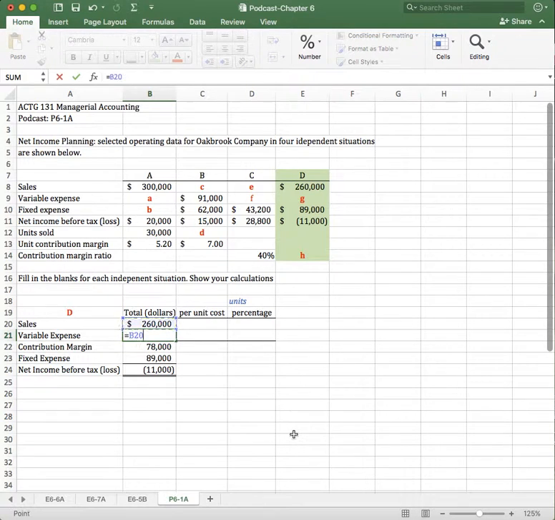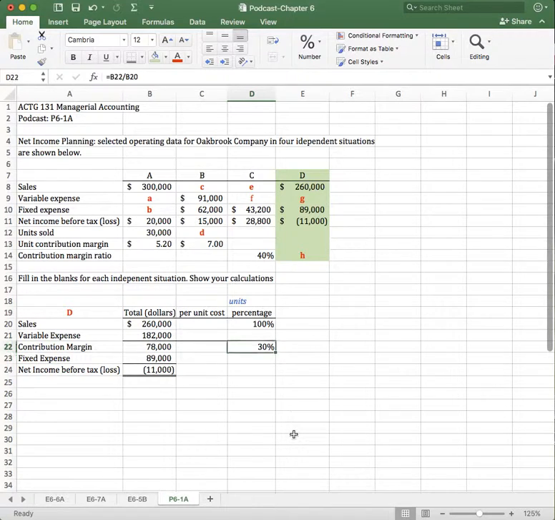Variable expense is sales less contribution margin. To calculate the percentage, we set sales to be 100%, so we can divide it by itself. Then our contribution margin ratio is the 78,000 divided by the 260,000.